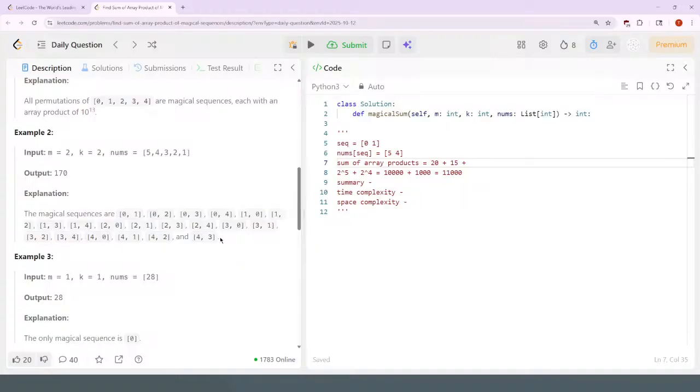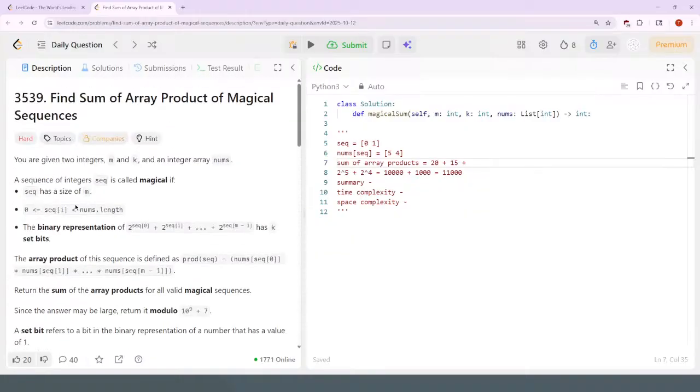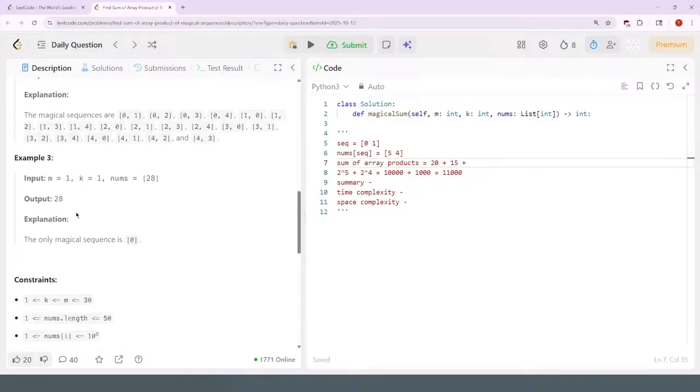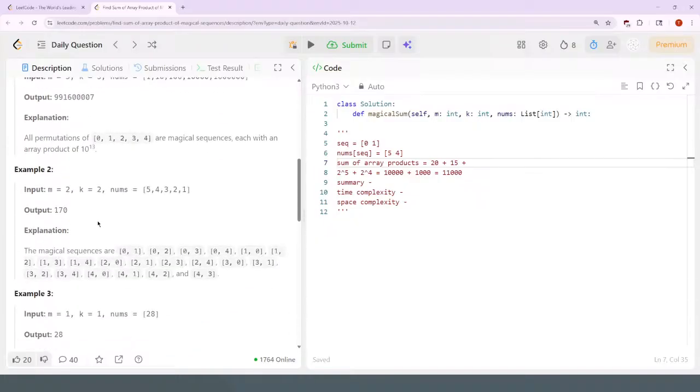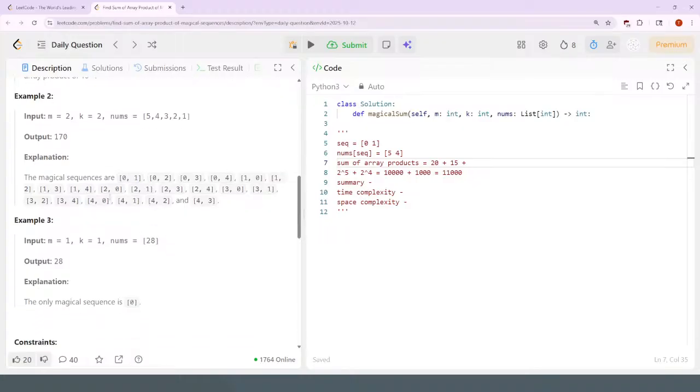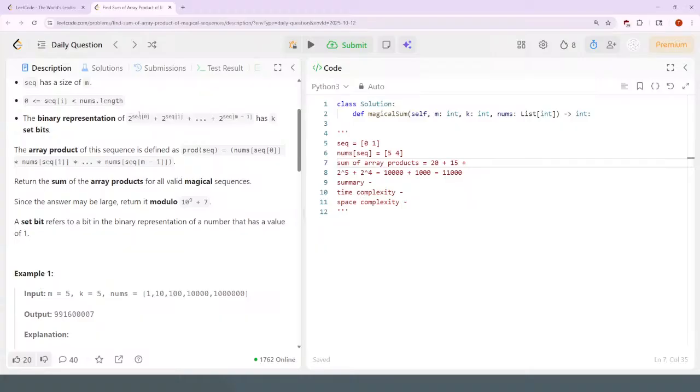Okay. Alright, so k is at most 30, m is at most 30, and the sequence can be at most 30 long. Okay, so in theory, if you do 2 to a certain power, that by itself should only be 1 bit that's on.